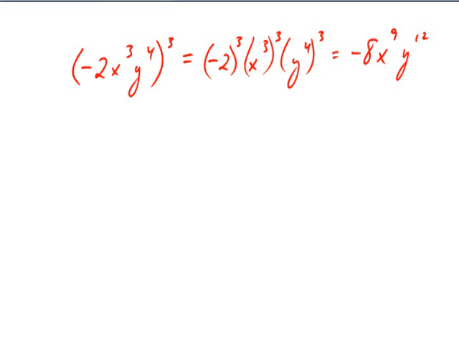Here's another example. Try this one. Okay, stop the video and come back to the video when you get the problem solved to check your answer. Once again, we're raising a product to a power, so let's take each value inside, or each base, to the power of negative 3.